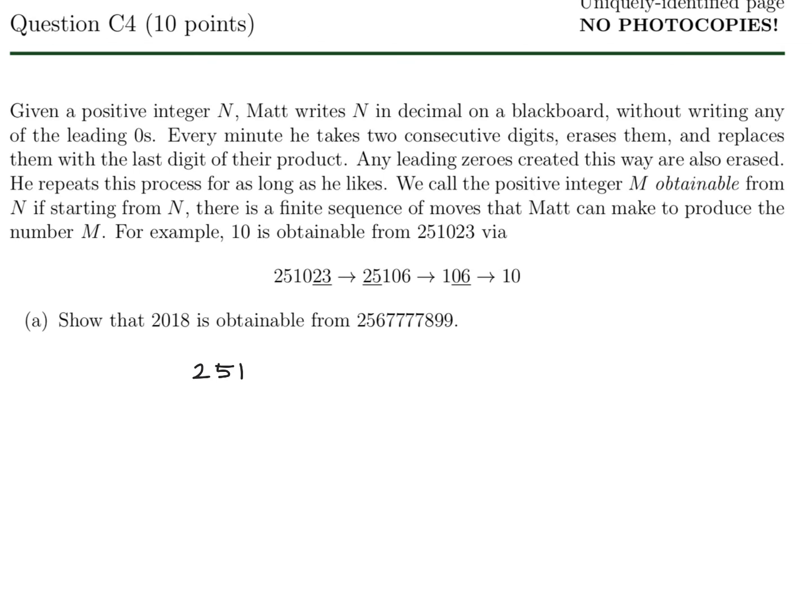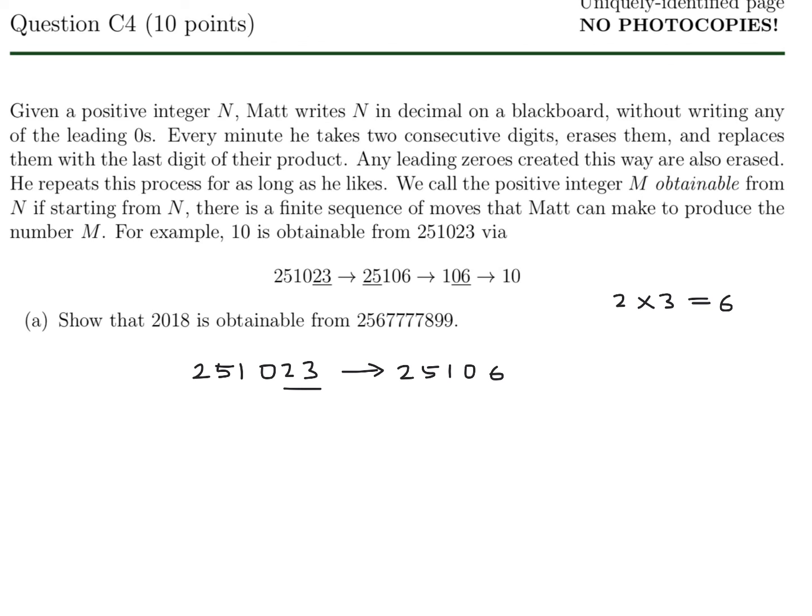They took 251023. Then with that, you do what is exactly defined in the question: you replace them with the last digit of their product. So what is the product of 2 times 3? 6. What's the last digit of 6? Well, 6. So you just replace it in 2510. You add the 6 there.